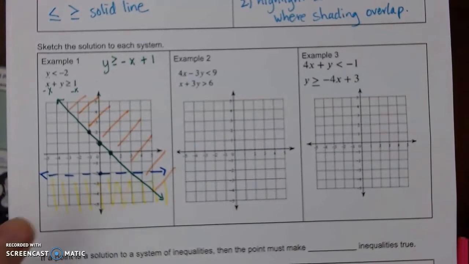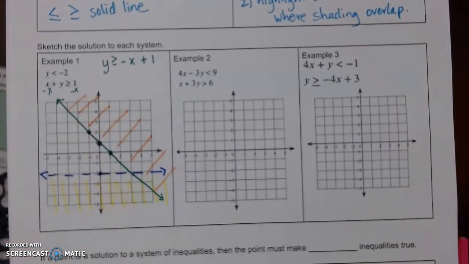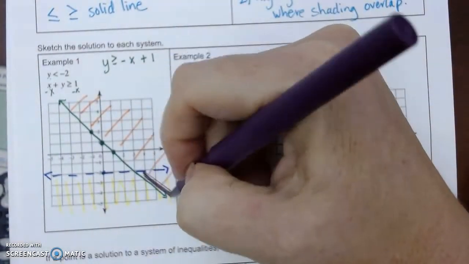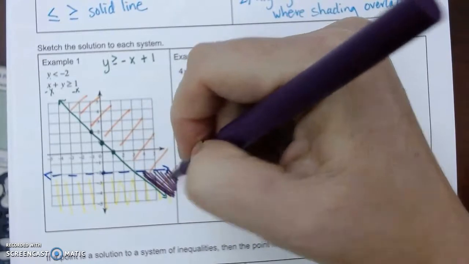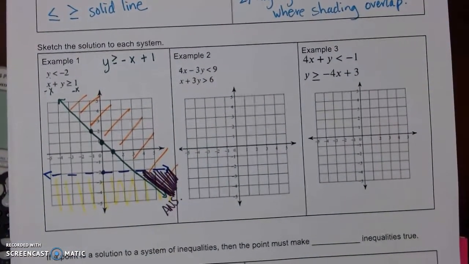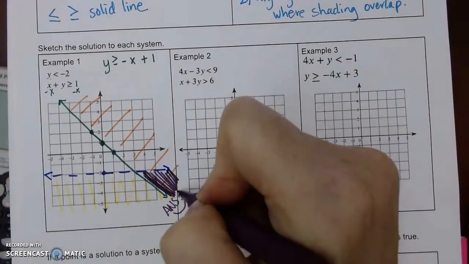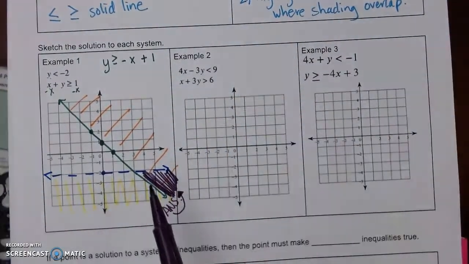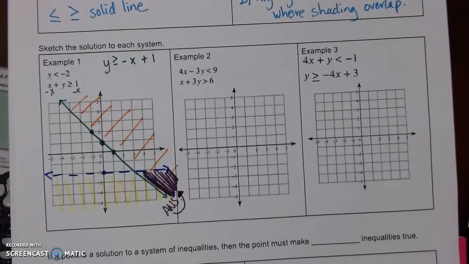I have yellow and orange shading, and I want to see where those overlap. It's right down here, so I'm going to make that really dark. That is my answer. If I can't tell where your answer is, you're welcome to highlight it like I did. But otherwise, if you use colors, I can see where they overlapped.